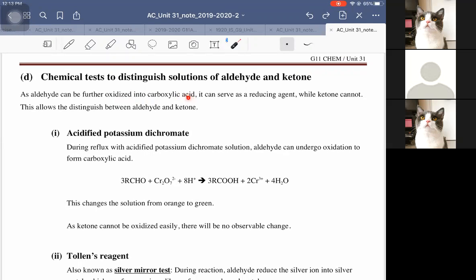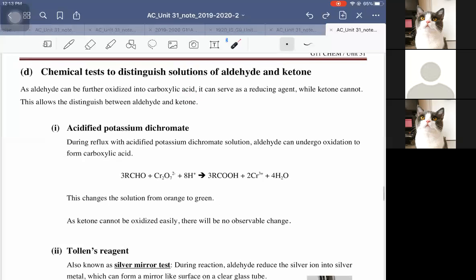It won't be oxidized anymore. So we can use this to set a test to distinguish aldehyde and ketone. If we put it with an oxidizing agent, then the oxidizing agent will only react with aldehyde but not ketone.